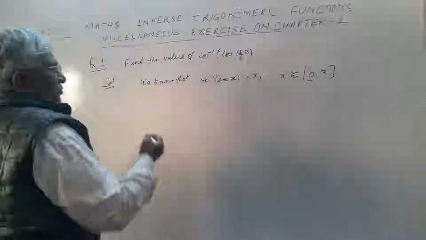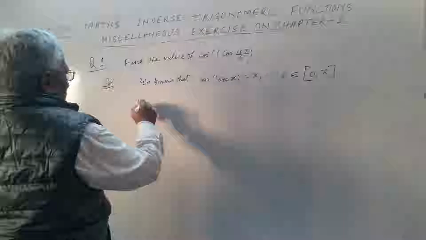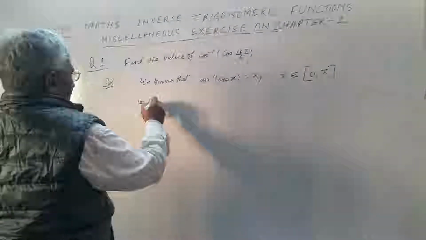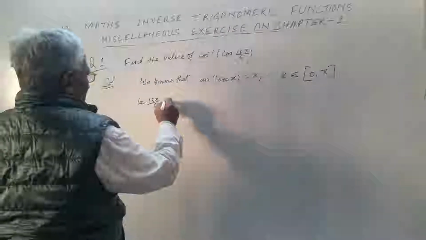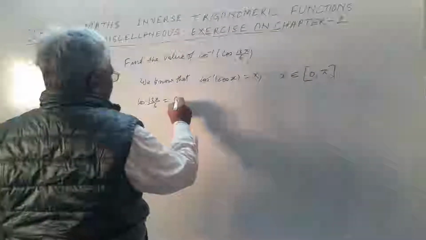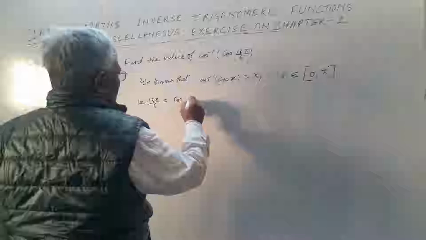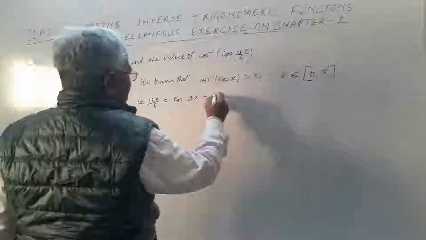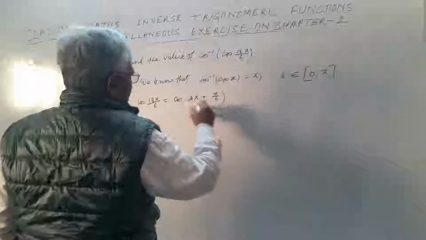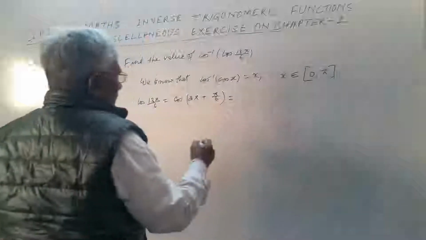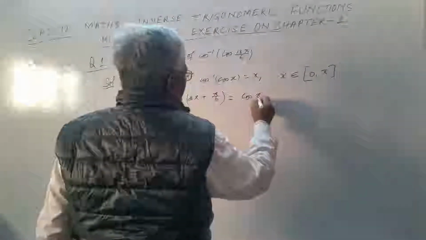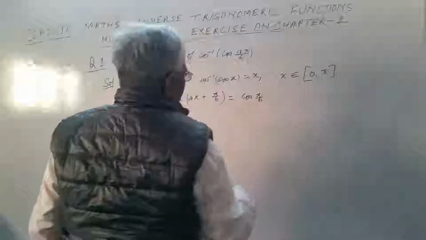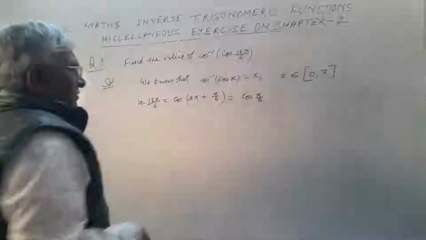So what we have to do is write cos of 13 pi upon 6 as cos of 2 pi plus pi upon 6, which will be equal to cos pi upon 6.